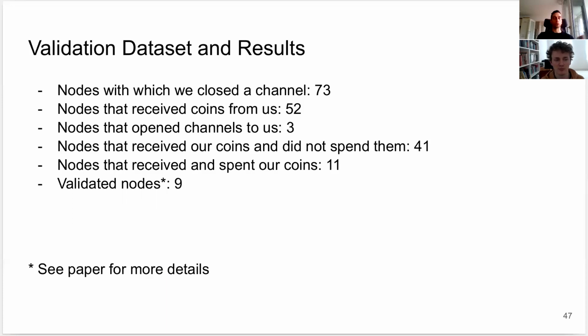Also, 41 of these nodes didn't spend our coins, so only 11 of these nodes actually spent our coins, so that we were able to see where the coins were going and the funding entities and settlement entities associated to. So in total, we managed to validate 9 nodes, which means 2 nodes were not validated, but not validating in this case means that we do not have enough information. It doesn't mean that it is wrongly linked. More details in the paper, but this is the main takeaway.